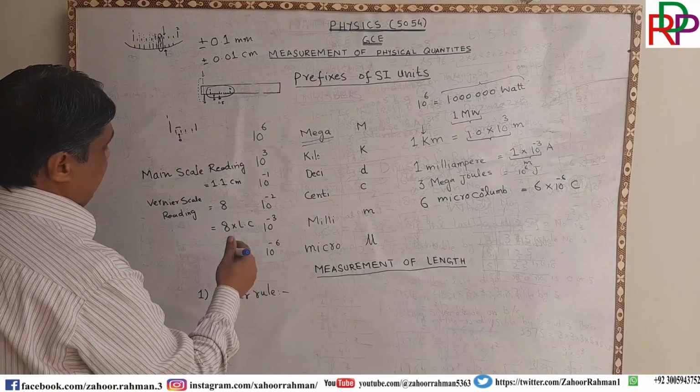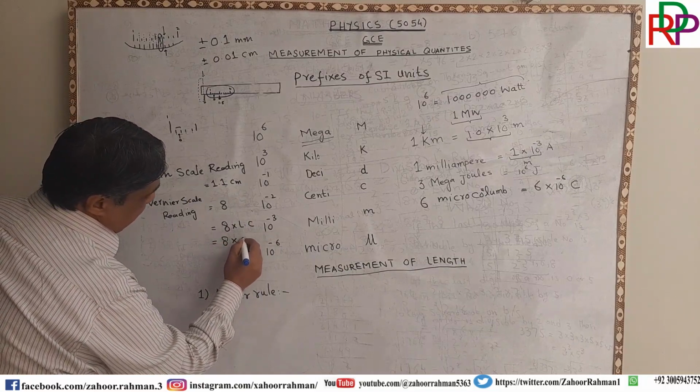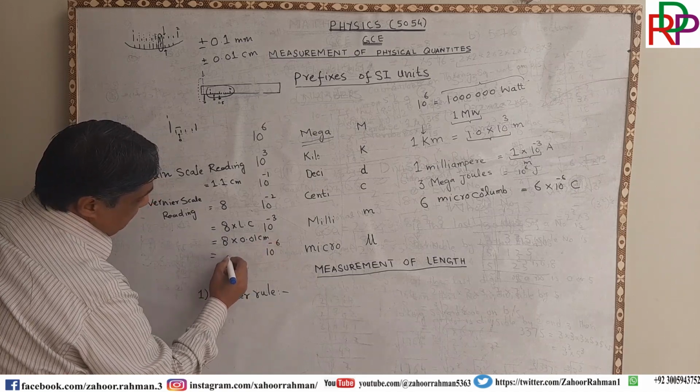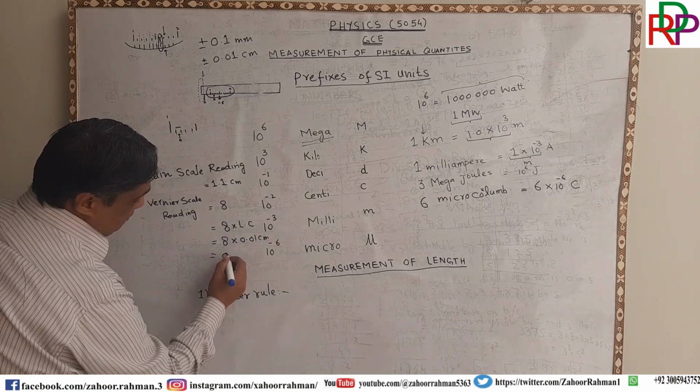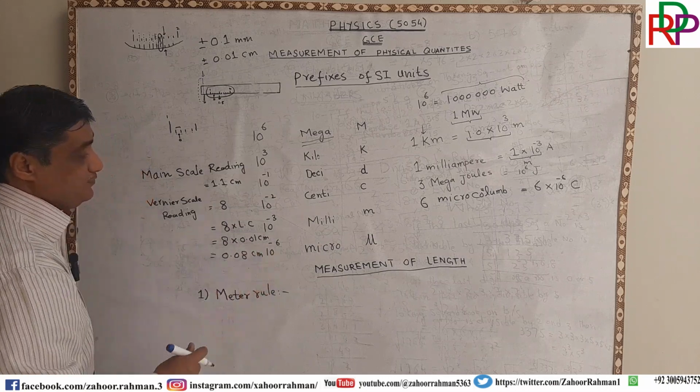So we have to write 8 multiplied by 0.01 centimeter, which is equal to 0.08 centimeter.